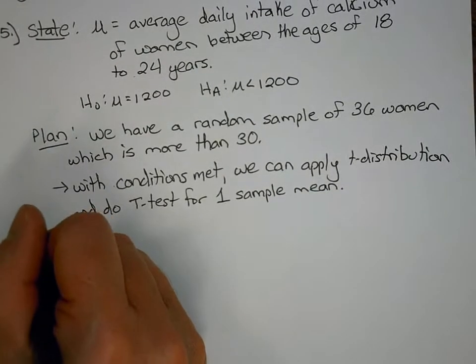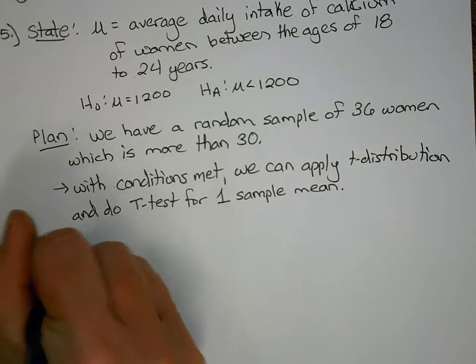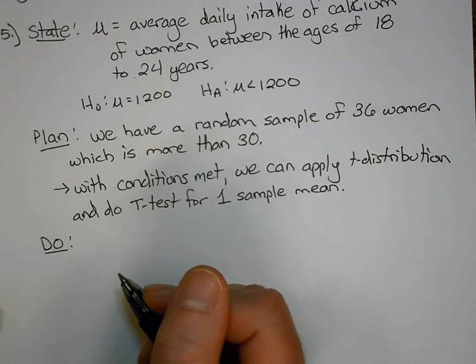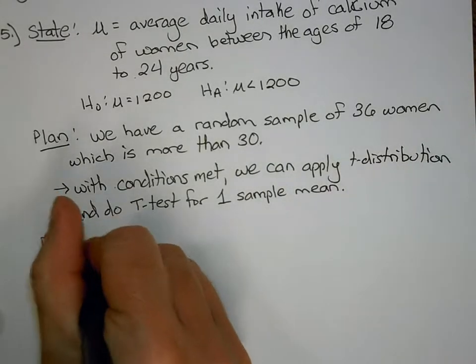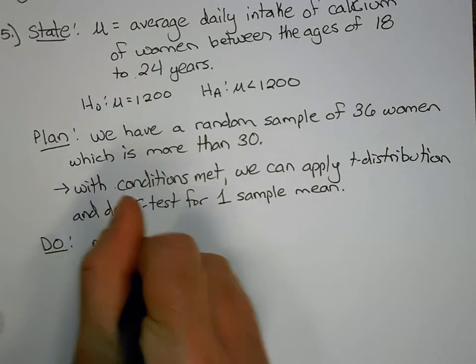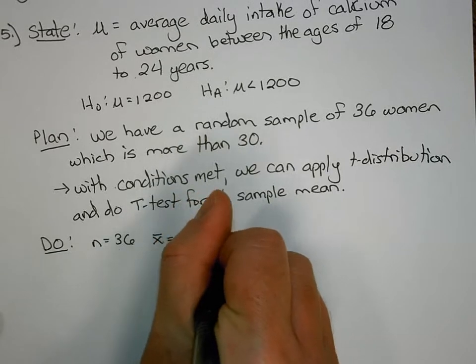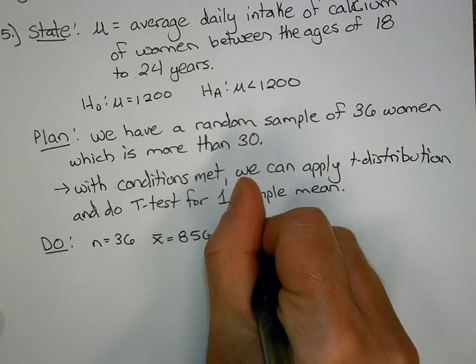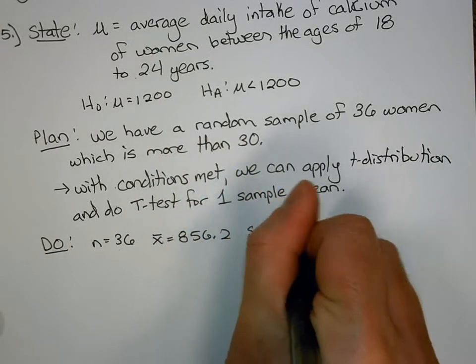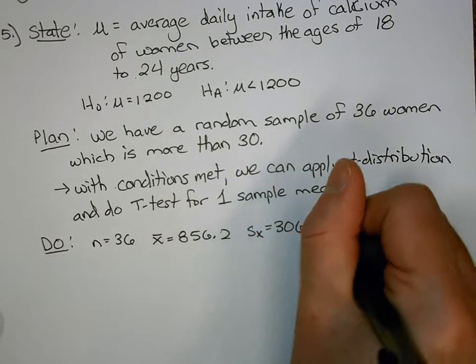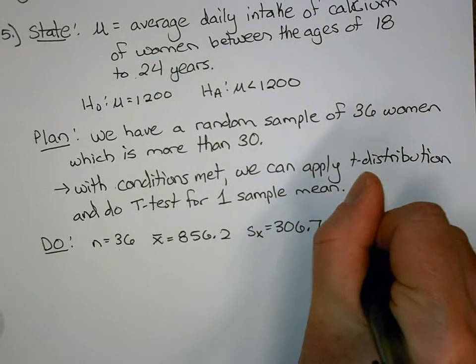So the do part, they already have all of our info. I'm just going to rewrite it. We have our n equals 36, x bar is 856.2, the s sub x is 306.7. You can write the standard error of the mean.